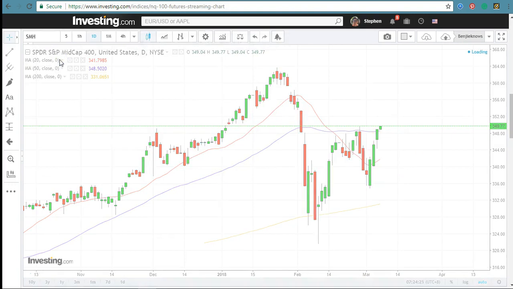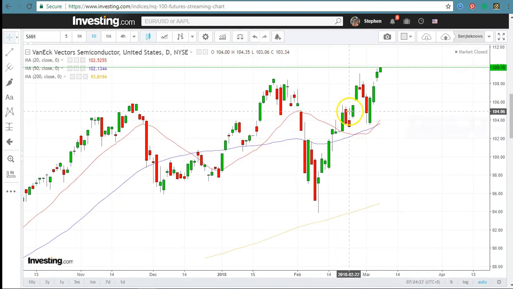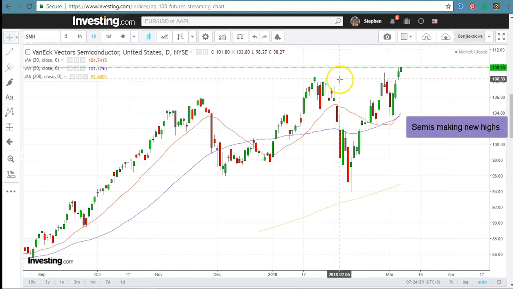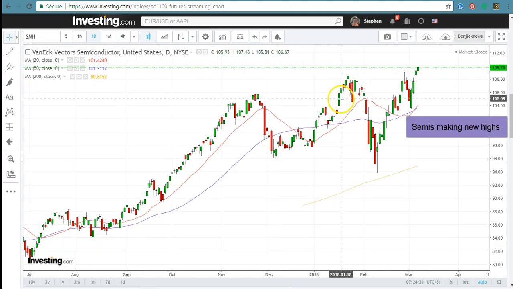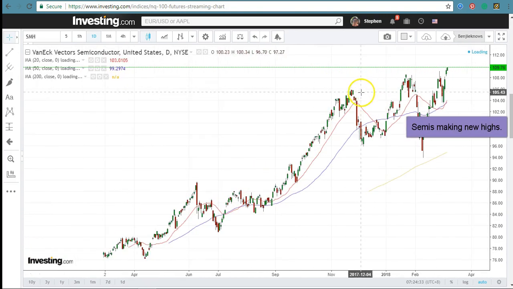And the other thing I want to show you is the semiconductors. Now the semiconductors have actually broken out to new highs. It's very obvious.